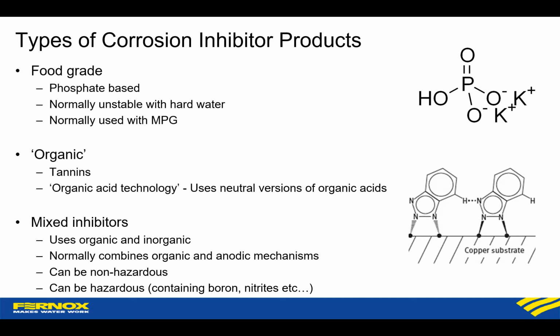Obviously that may or may not be a problem, if you prefer to use deionized water, if you have a good way of producing it or a cheap way of shipping it in. And because it's food grade, you tend to find them with monopropylene glycol, which is also food grade. I'll come on to some of the accreditations linked to those products in a bit.